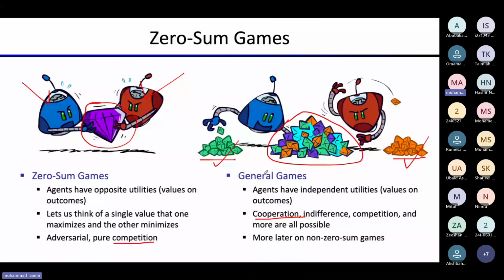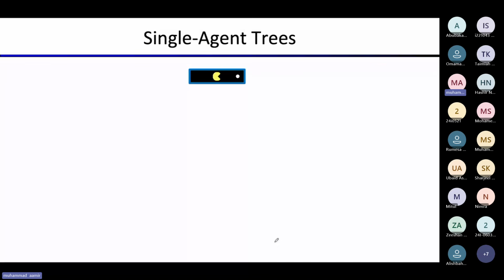Okay, then in adversarial search, we are starting from single agent games, single agent trees, which means a one player game. Considering this example, the Pac-Man can move left or right. You know about this. Pac-Man has to eat the white dot. Let's say we have a score for the movement of the Pac-Man.